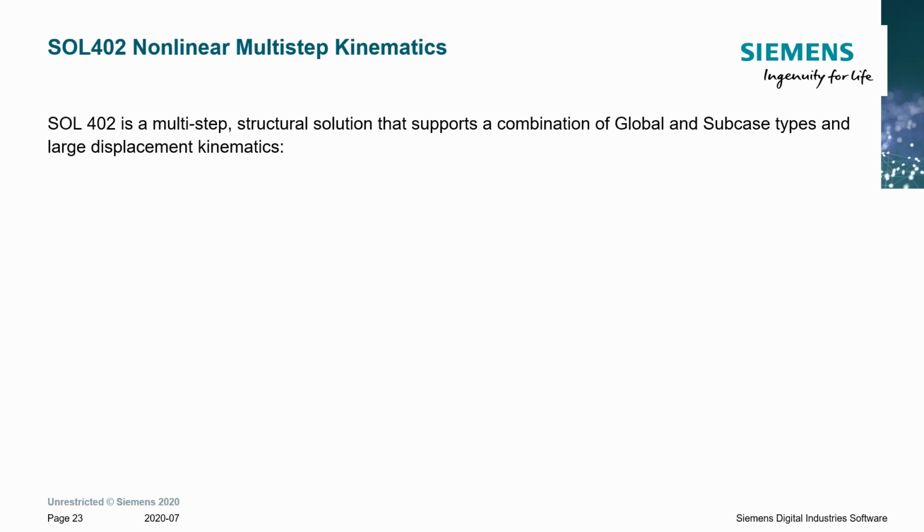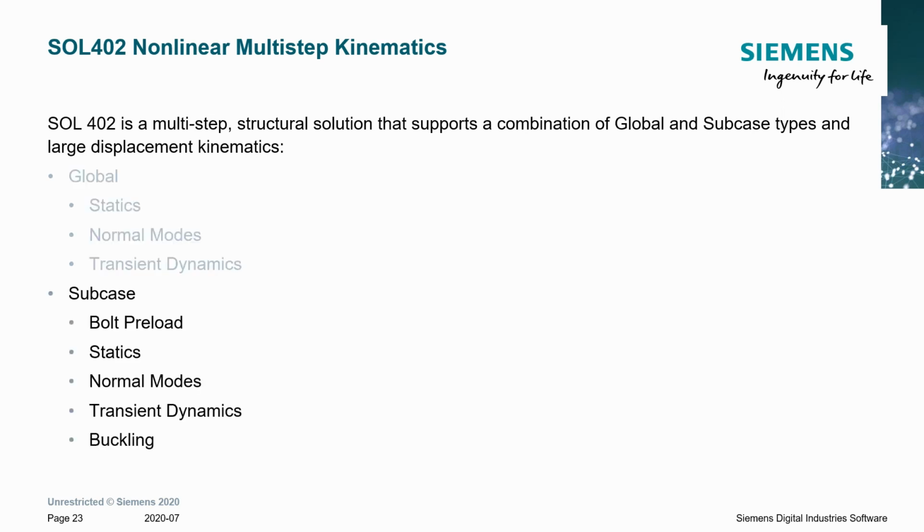Now for 402, it's a multi-step structural solution. It has a combination of global and subcase types, just like 401, and it also supports large displacement kinematics. So for global, you could do statics, normal modes, and transient dynamics.